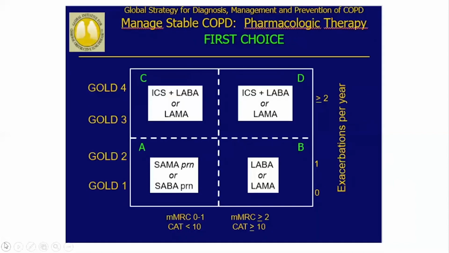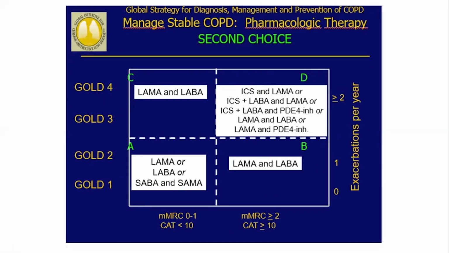And this is important for the physician because this is the one that will determine the type of medicine that will be given. So for A, you may give your short-acting bronchodilator only on a when-needed basis, but as your disease progresses from B, C to D, more medicines will be given. Okay, this is an illustration of the medicines that will be given.